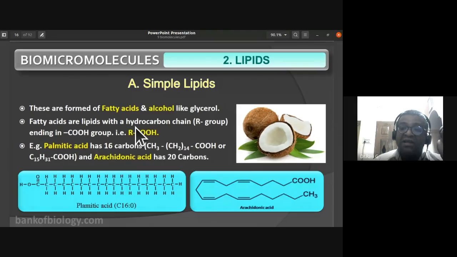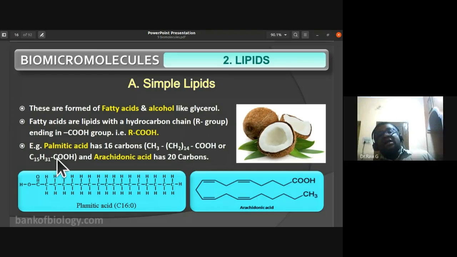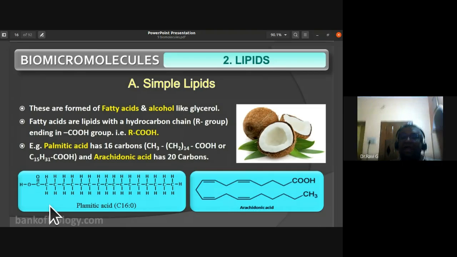Fatty acids are lipids with a hydrocarbon chain, the variable R group, and they end in a carboxylic acid group, that is RCOOH.